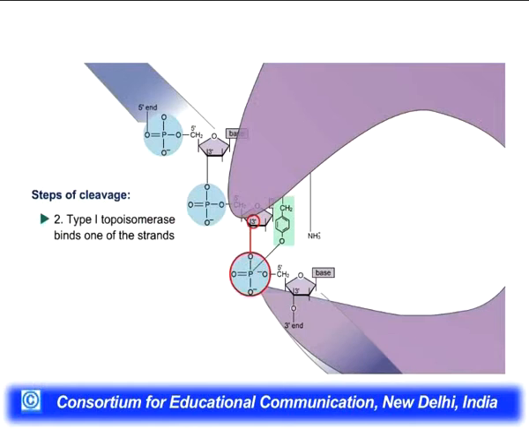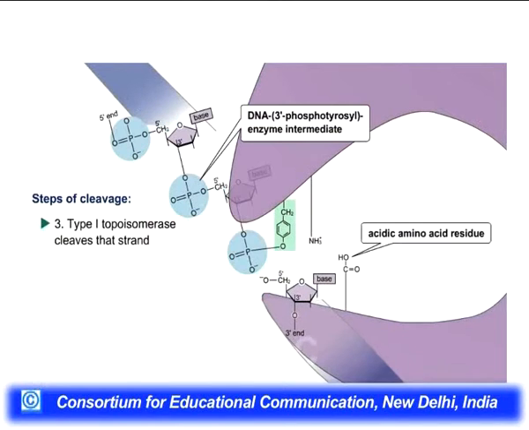So, now it will attack this phosphate bond, and then this phosphate bond will break. It will form an intermediate which is a 3' phosphotyrosyl enzyme intermediate, and then there will be a 5' hydroxyl group. So, the phosphodiester bond has been broken. That is what it has to do. It has to cleave the DNA.